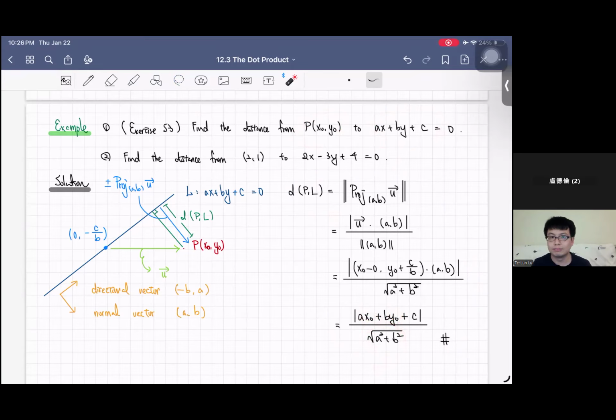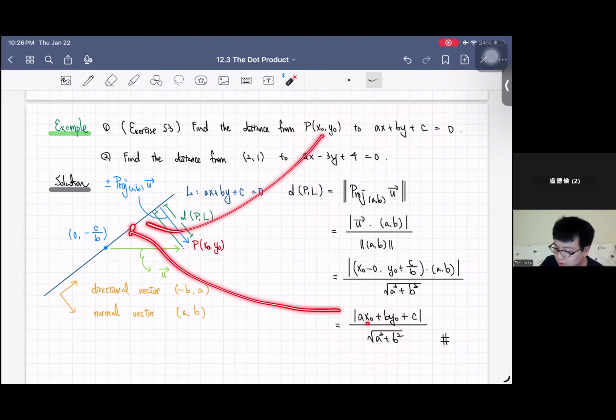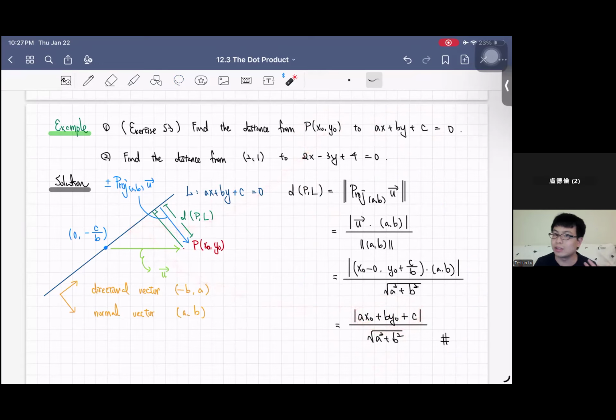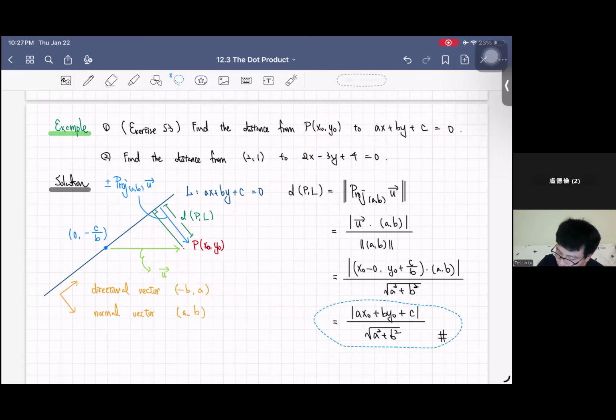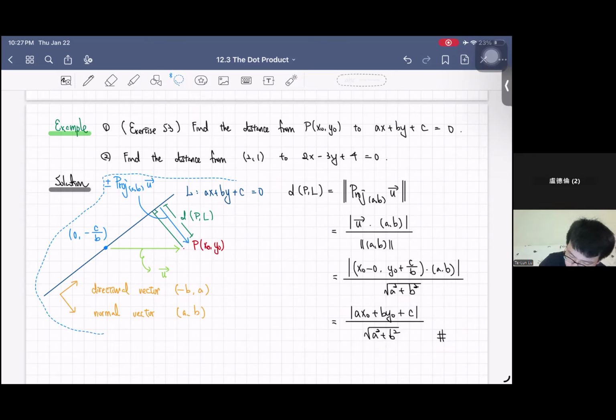For example, if that x naught, y naught belongs to the line, then the distance is 0, right? And it holds, because if you plug it in, you get 0, so the distance is 0. So it is very consistent. This is a very nice and universal formula, and let us try to plug in some examples.